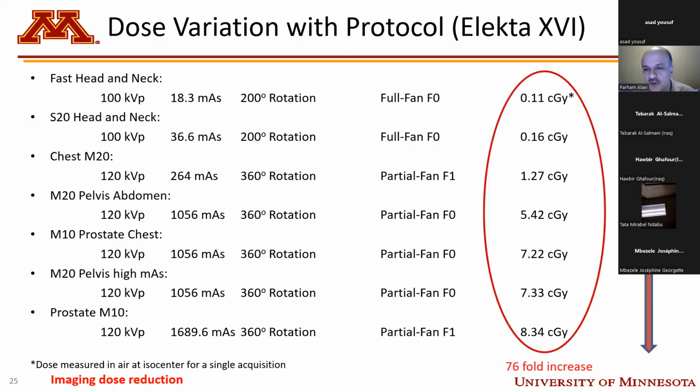If you go from lowest to highest, there is a 76-fold increase in imaging dose between the lowest dose protocol and the highest one. So there is a significant difference in the dose delivered from the unit with different protocols.